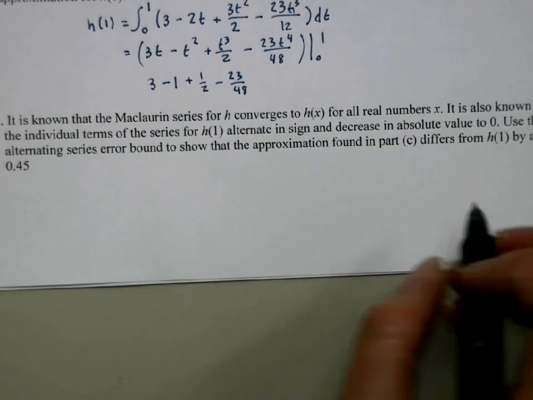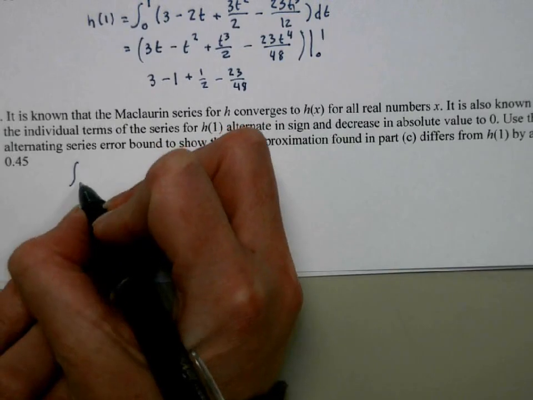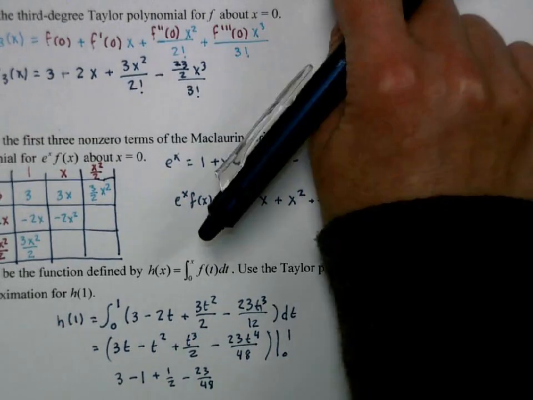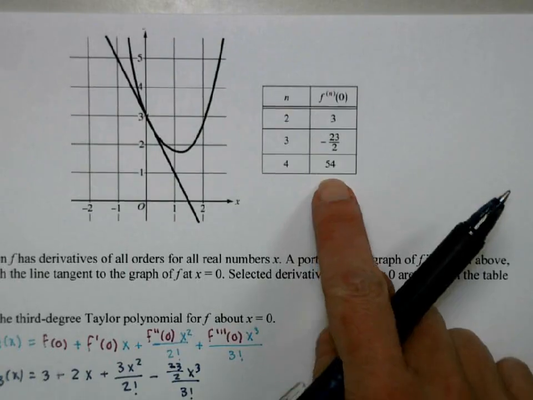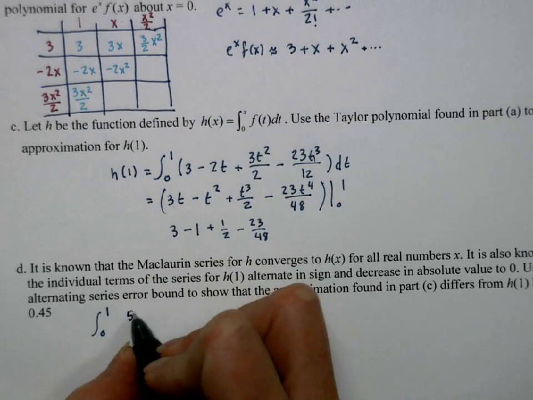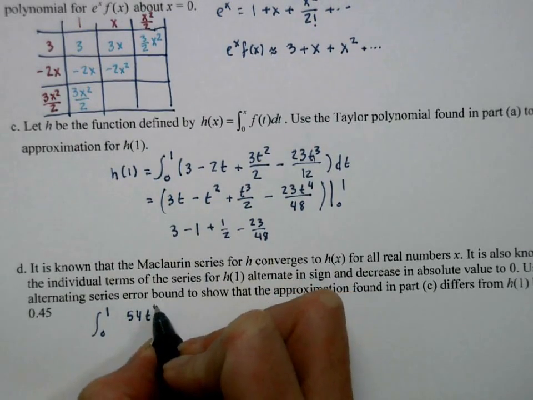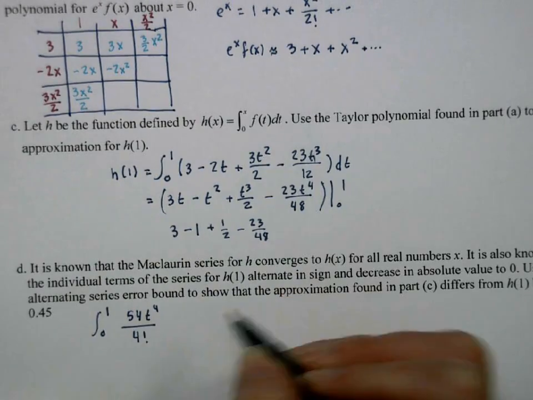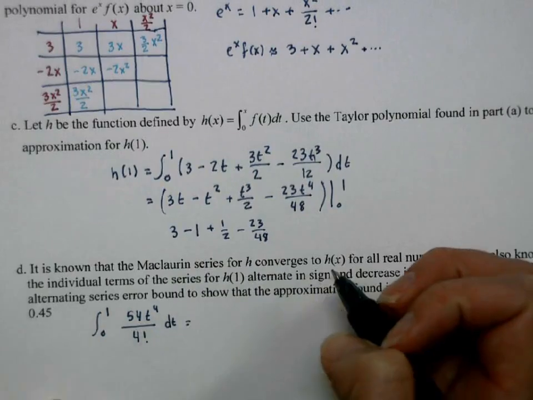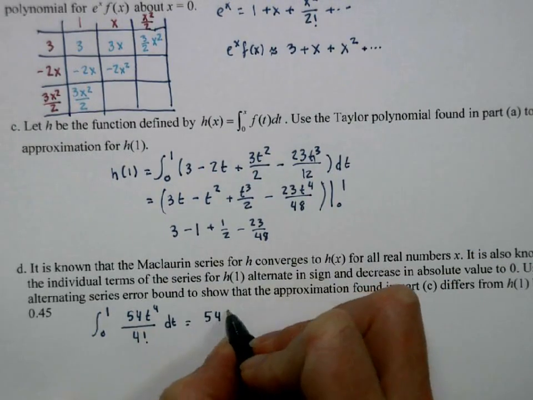I need to generate the next term using the fact that my 4th derivative is 54. Okay, so we'll integrate this. So I'm going to add 1 to the power and divide by that power and evaluate it from 0 to 1.